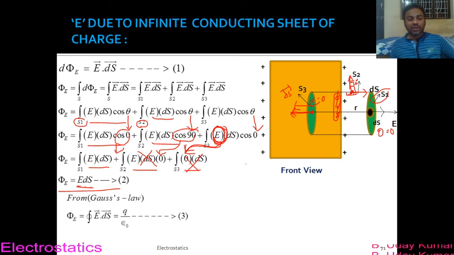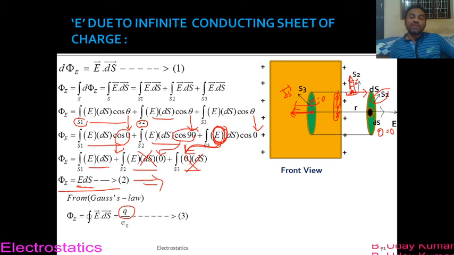I hope you got it. So now we know the formula for total electric flux in this case. The total electric flux is nothing but 1 by epsilon 0 times the charge enclosed by it. This is Gauss theorem, you know this. You can write this equation as equation number 3. Remember, this Q is the charge present inside this cylinder, inside this closed surface.